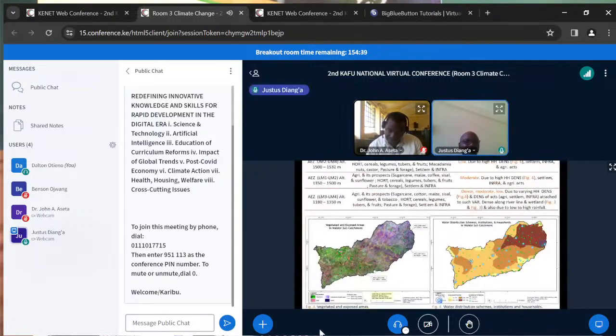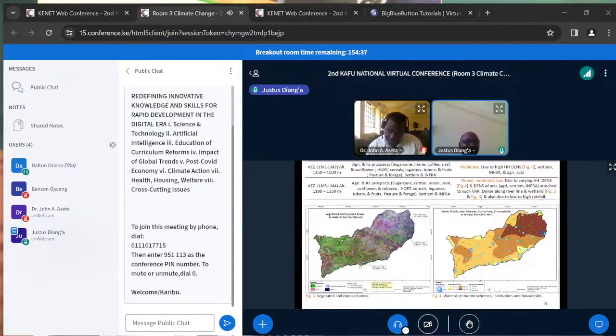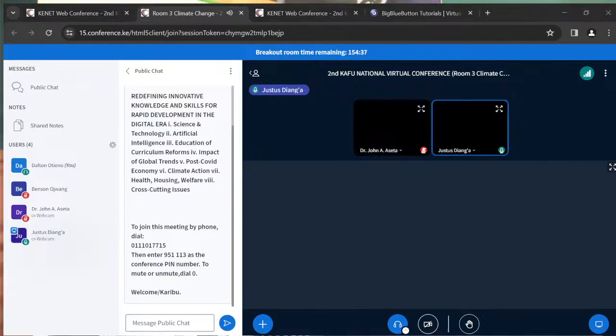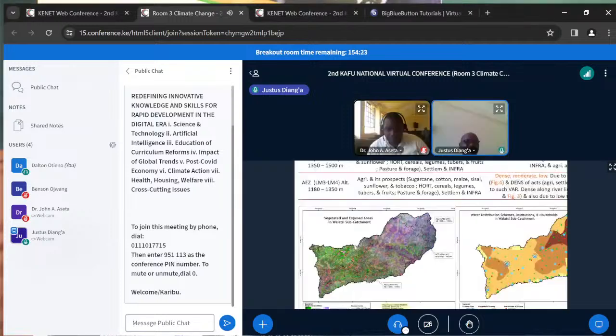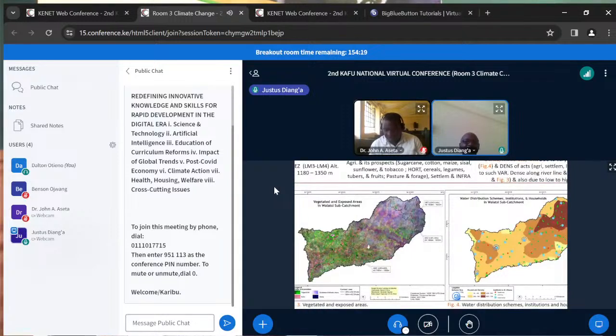That is up to the lowest agroecological zone, that's zone 3, where the density is because of this area, which is more of shrubs. It's not very good in agriculture, so it's less populated.